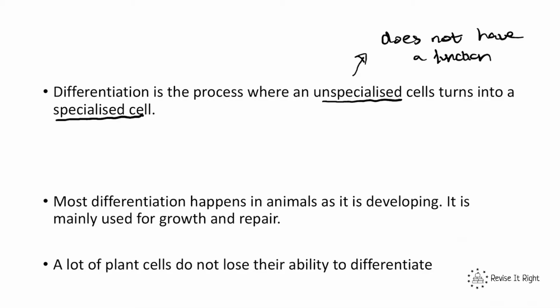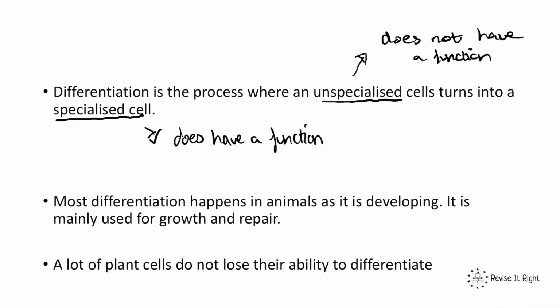So it doesn't have a job, it doesn't have a role, it doesn't have a function. Whereas a specialised cell is a cell that does have a function. It does have a role, it does have a job. And we're going to be looking at examples of those cells in a second. A specialised cell is a cell that is adapted to do a particular function.